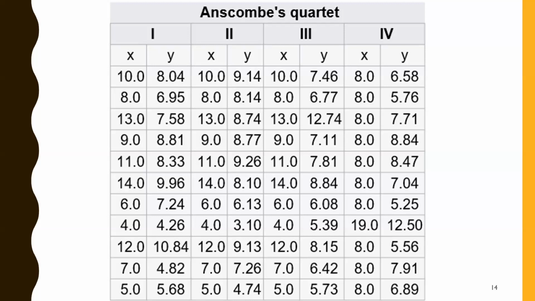Actually, if you look a little further, the X variable is the same for category 1, 2, and 3. Yes, correct. If you observe well, that is there. At the next level, if you observe further, in category 4, 8 is repeated for all the months, and only in 1 month do we have an outlier, 19.